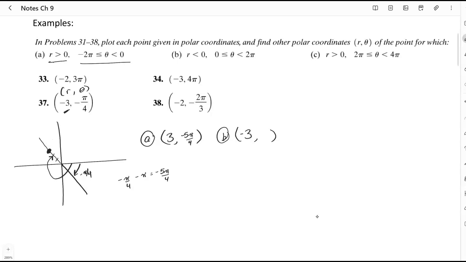So to move along the side opposite of the terminal side, we need this theta value here. To find that theta value, we're going to take 2 pi, because that would be all the way around, but we're going to subtract pi over 4. So that's 8 pi over 4 minus pi over 4, which is 7 pi over 4.